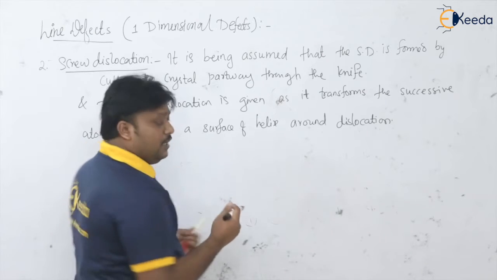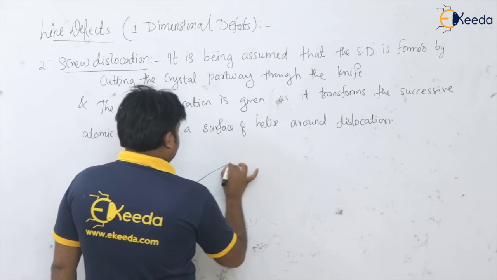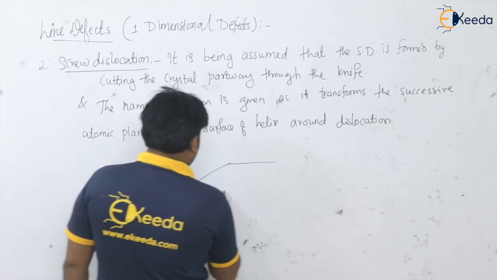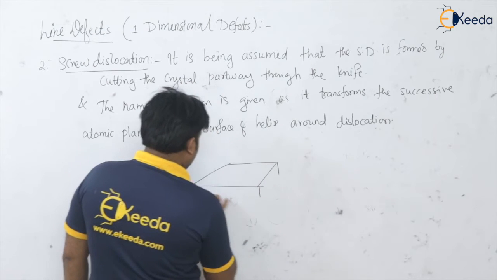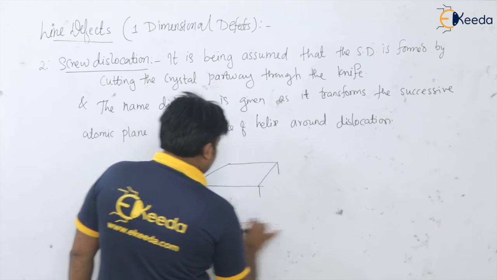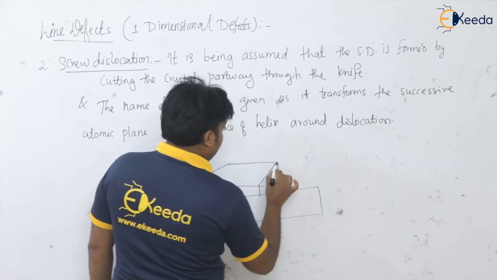Let us see the diagram actually, how this screw dislocation looks like.